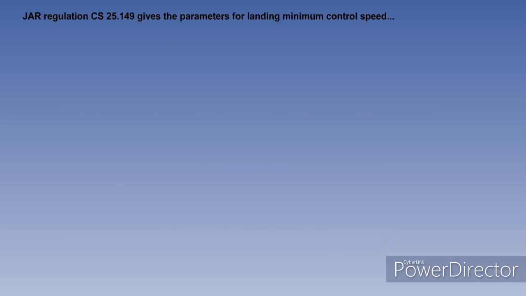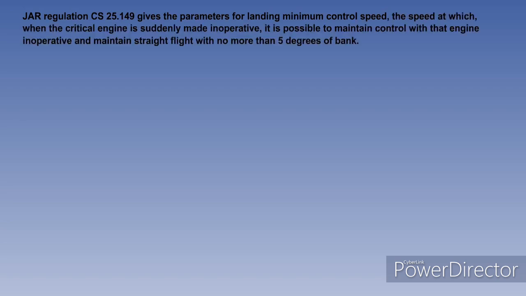JAR regulation CS 25.149 gives the parameters for landing minimum control speed, VMCL. VMCL is the calibrated airspeed at which, when the critical engine is suddenly made inoperative, it is possible to maintain control with that engine inoperative and maintain straight flight with no more than 5 degrees of bank.